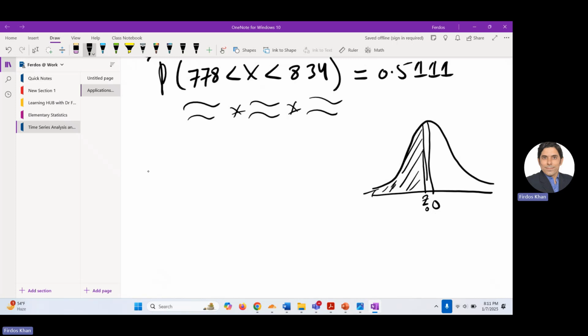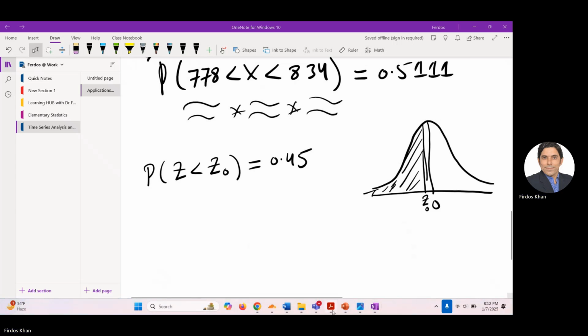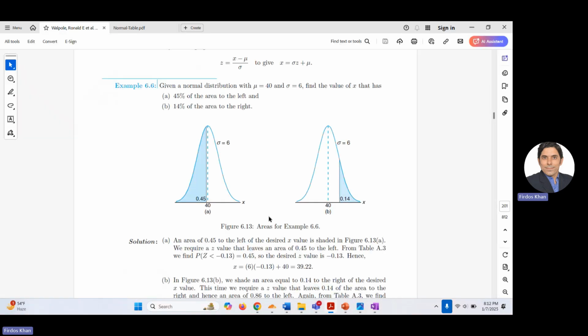So what is the value actually? We have the variable z naught, the specific value of the random variable, where the probability is equal to 0.45. This is the statement about this problem. This area is given by the statement which I have written here. Let's read this first, and then we will go back and see how we can do this.